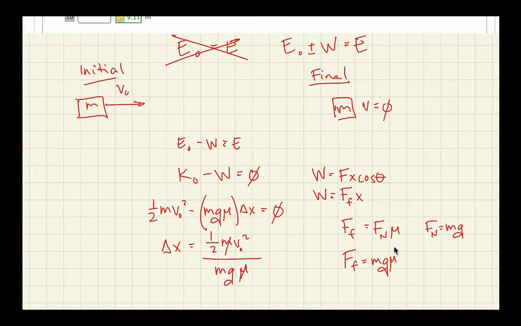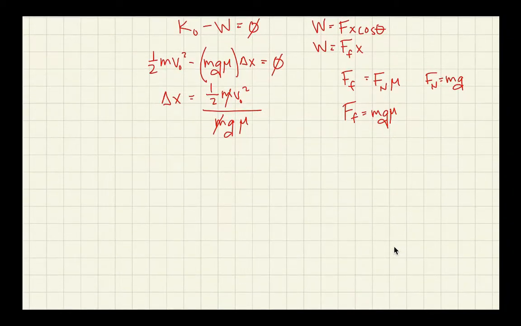Mass cancels, and you're left with delta x equals initial velocity squared over 2 times g times mu.